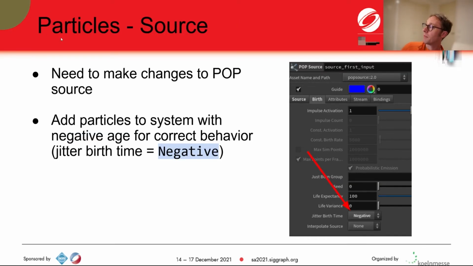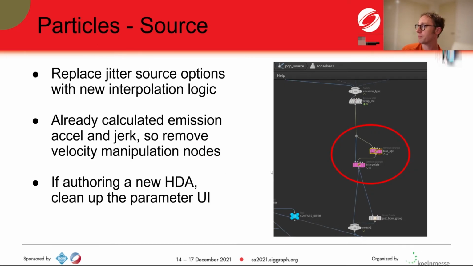So the changes to the pop source that we're going to make are we're going to set the jitter birth time to negative, and that's going to get us that nice integration behavior on the first frame. And we're going to replace all of the jitter source options with our new interpolation logic. So this is just the bias age here and our interpolate.